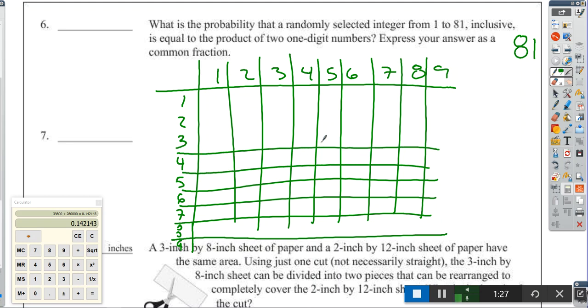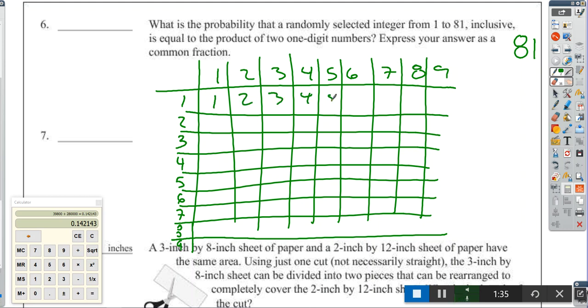I'm probably not going to go through this whole thing, because once you see the strategy, it's pretty quick. Well, we know 1 times 1 is 1, 2, 3, 4, 5, 6, 7, 8, and 9. And we don't have any repeats because it's our first row. But this column is the same as this entire row. So right now I can safely cross those out because those would be duplicates.